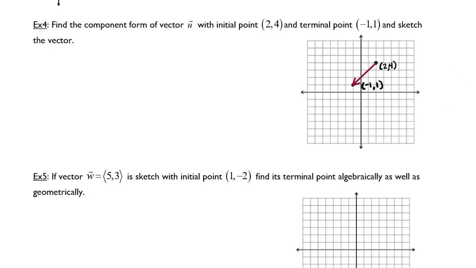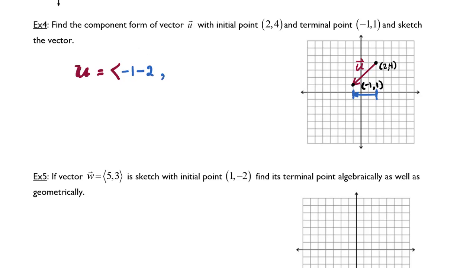If I wanted to list this vector u as a component vector, I could say u is equal to pointy bracket. If I wanted to list the components for this vector u, I would say I have a terminal value of -1 in the x direction, and I will subtract 2 from it.